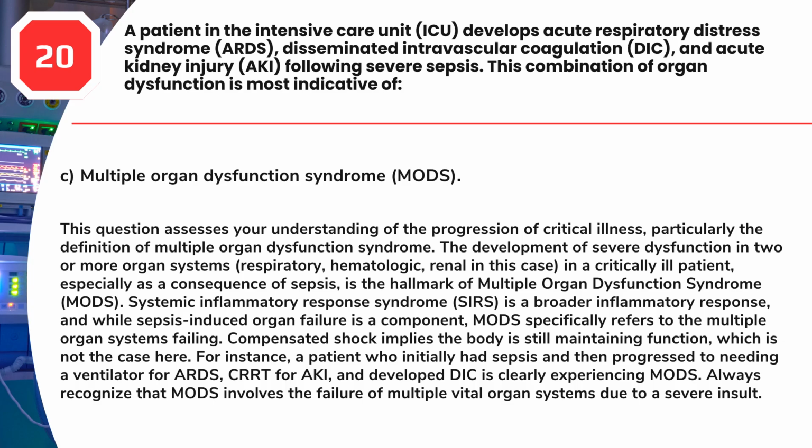Systemic inflammatory response syndrome, SIRS, is a broader inflammatory response, and while sepsis-induced organ failure is a component, MODS specifically refers to the multiple organ systems failing. Compensated shock implies the body is still maintaining function, which is not the case here. For instance, a patient who initially had sepsis and then progressed to needing a ventilator for ARDS, CRRT for AKI, and developed DIC is clearly experiencing MODS. Always recognize that MODS involves the failure of multiple vital organ systems due to a severe insult.